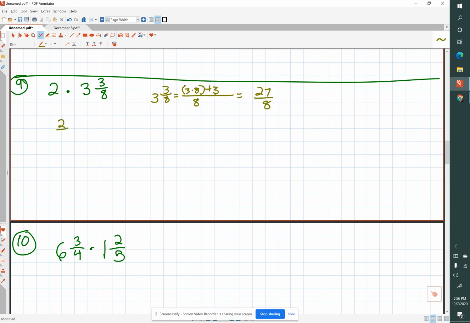So 2 over 1 times 27 over 8. And 2 is a factor of 8. 2 divided by 2 is 1. 8 divided by 2 is 4. And 27/4 is our answer. We will convert that to a mixed number by dividing 27 by 4. We know that 6 times 4 is 24, with 3/4 left over.